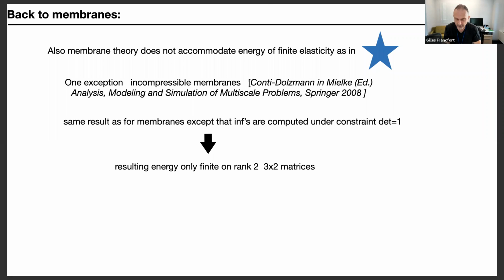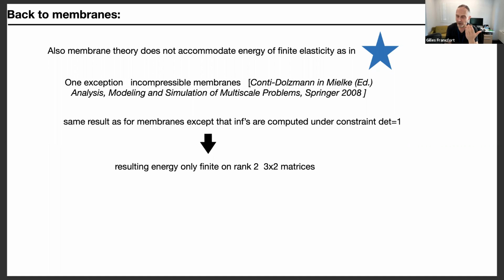To my knowledge, there is one exception, which is incompressible membranes. That's a work of Conti and Dolzmann from 2008, where they show that in the case of incompressible membranes, you can accommodate the kind of energy which blows up as the determinant goes to 0.